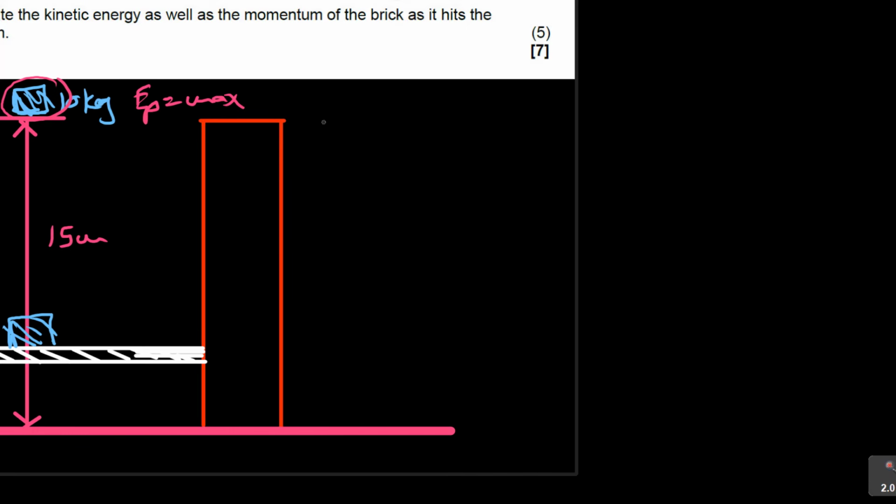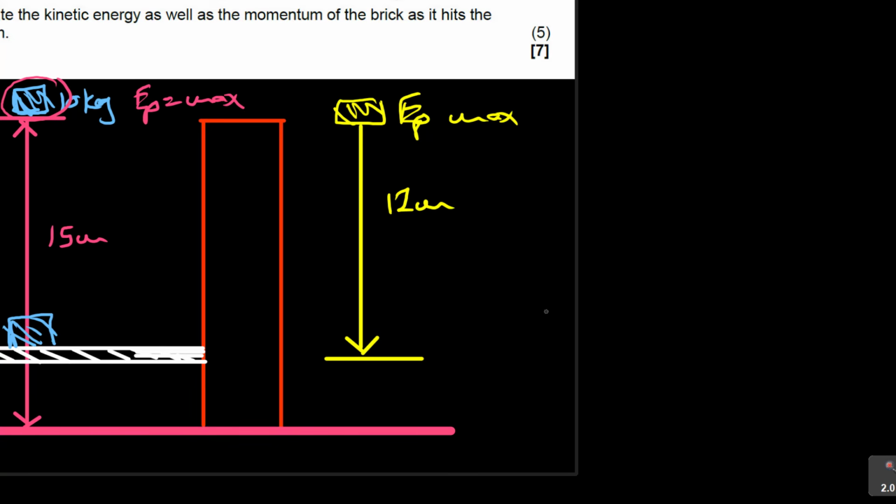Now the other option you could have done was to focus on the potential energy. We said this brick here is having EP, remember, its maximum potential energy. Now it is falling down. So as it is falling down, where it is now, it has fallen 12. Look at this. It has fallen 12 meters because it's somewhere there. It has fallen 12 meters.